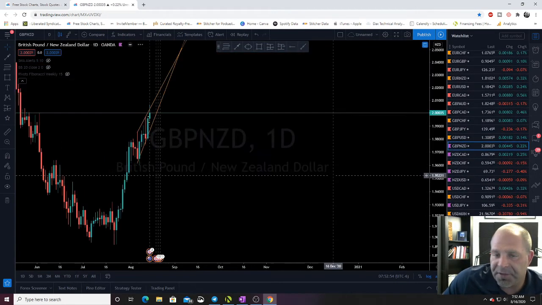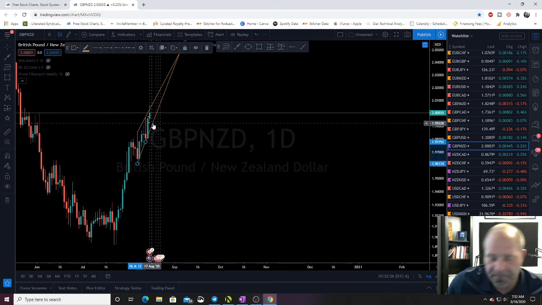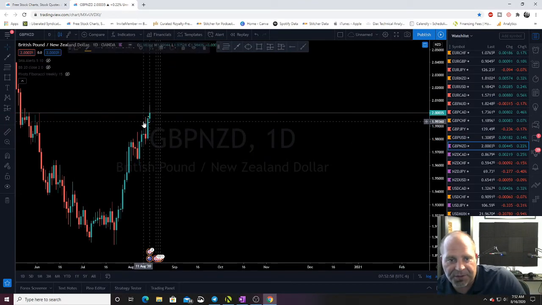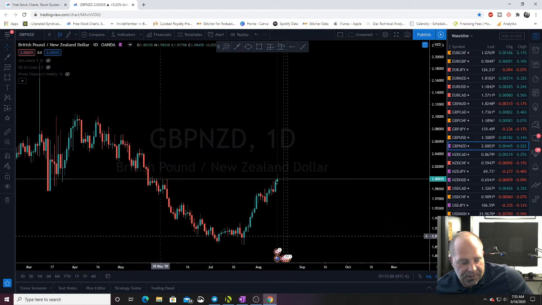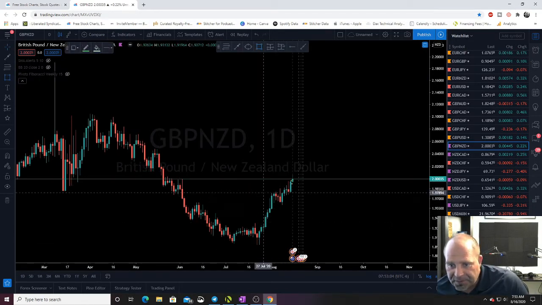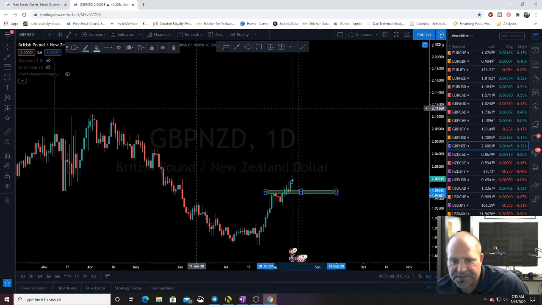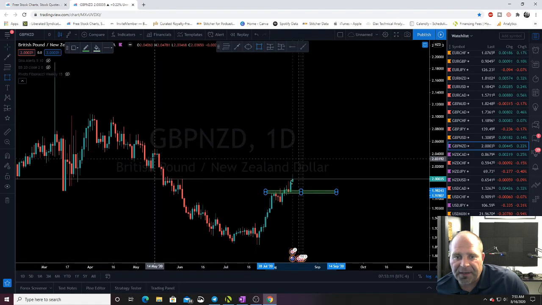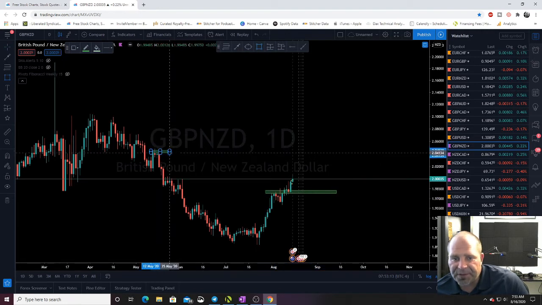One's orange. British pound, NZD. These are all in an upward channel. All right, on the daily, I want to look bullish on a retest of that resistance. And man, I don't look very bearish.